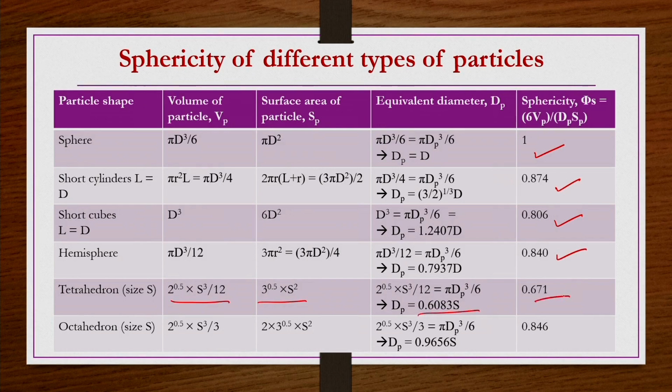So, sphericity is going to be 0.671. Similarly, for an octahedron of size s, Vp and Sp are given, one can calculate dp, and one can calculate the sphericity as 0.846. Likewise, you can do it for any other kind of material also.